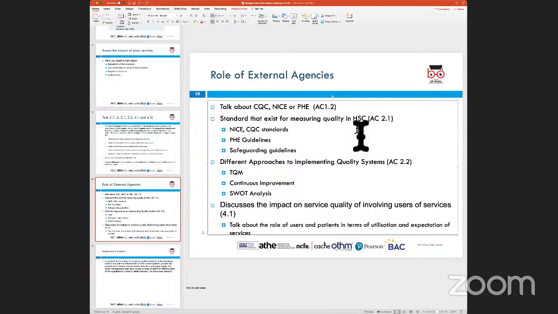Now, if you recall, some of you, when we did the presentation of learning outcome 1, what we covered in that presentation was I'd shown you an example of how NICE basically has the standards published on their website in terms of the key care standards which they say.